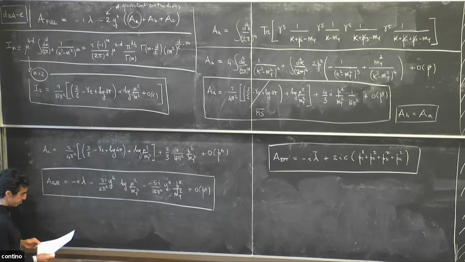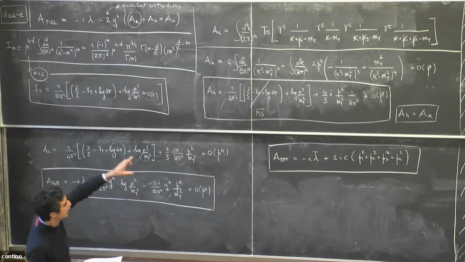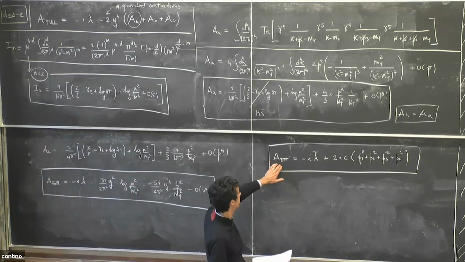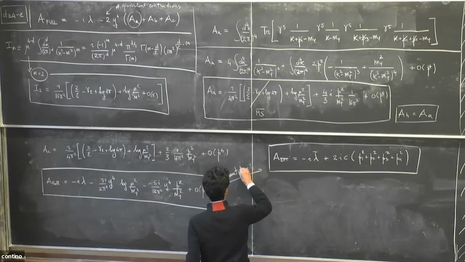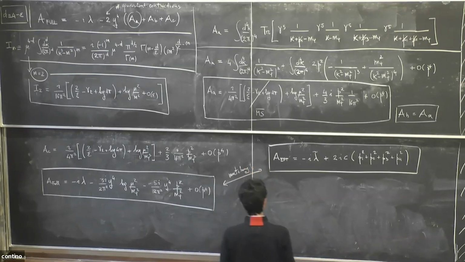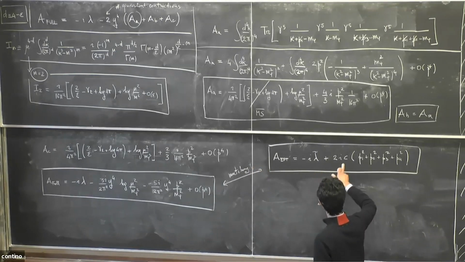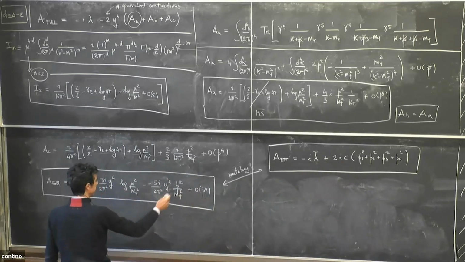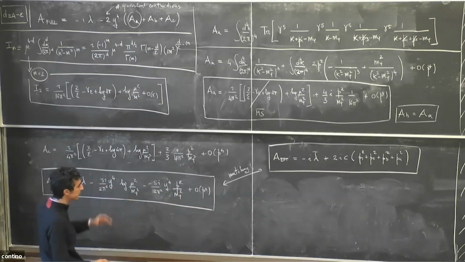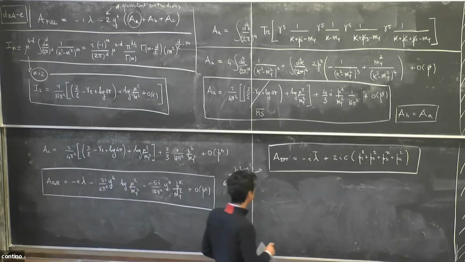Okay, and now you have to compare this with the expression in the effective theory, and this is the matching. Matching tells you that you need to choose the value of C and also lambda tilde in such a way that you reproduce the expression in the full theory.